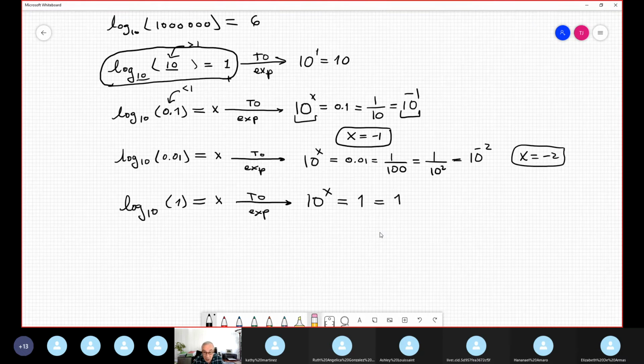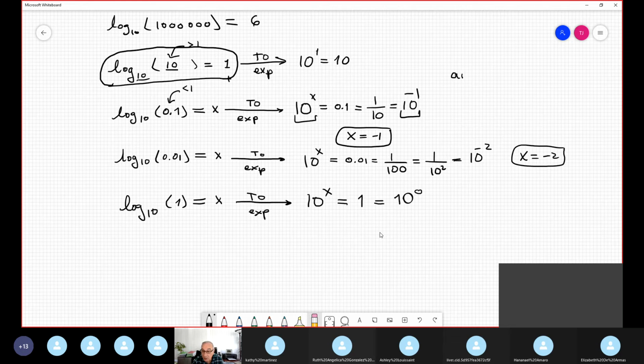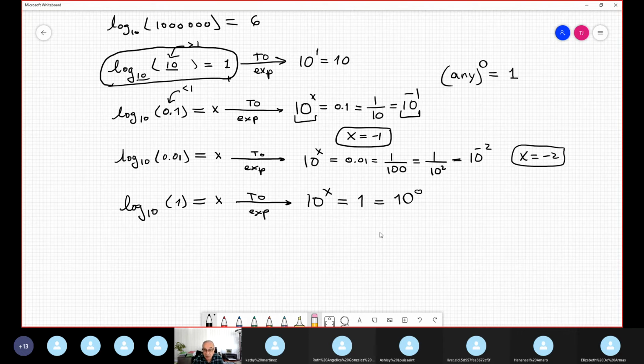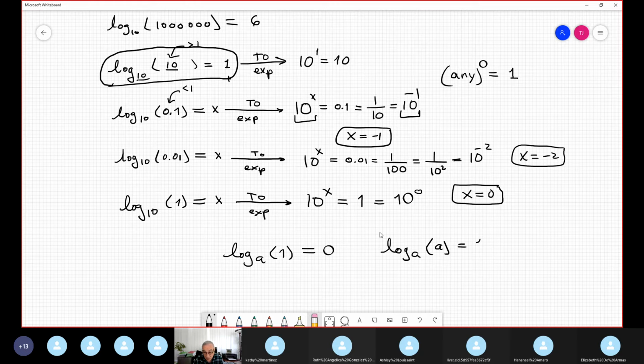I know that 1 is 10 to the 0, because I need to remember that any number or expression raised to the 0 power is equal to 1. Therefore, the answer is 0. Okay, extremely important property: the logarithm of 1 in any base is 0. The logarithm of the same number as the base is 1.